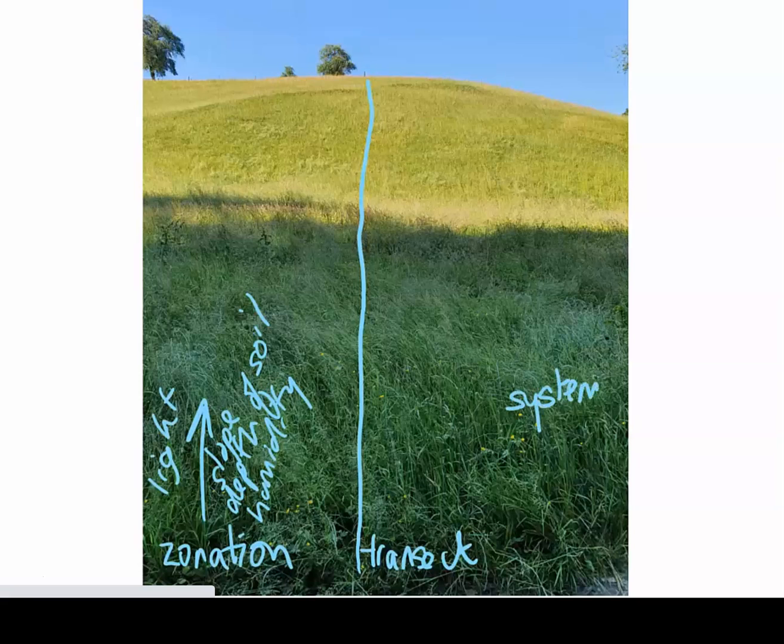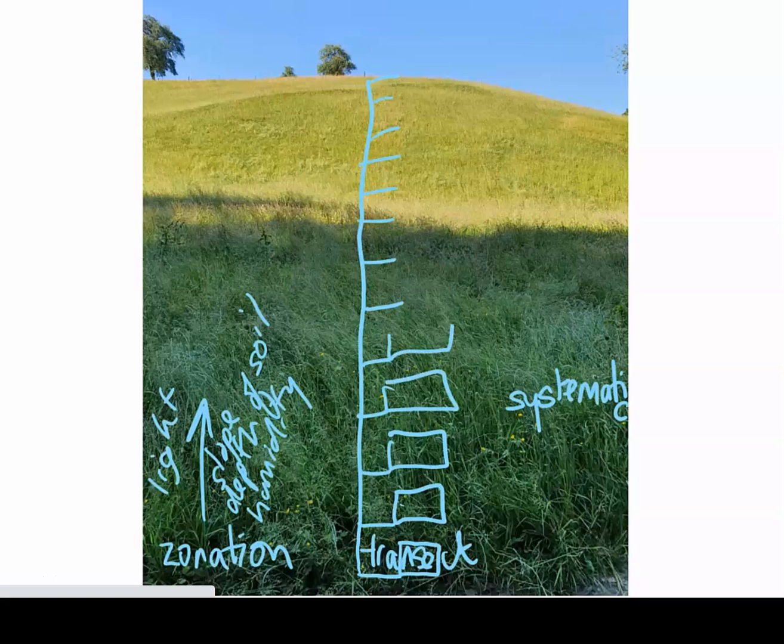And then what you'd do is you would systematically sample, so this is systematic. The other example that we used was random, but this one, you're going to sample every 2 meters. And you would obviously describe how often you were sampling. And at every 2 meters, you would lay down your quadrat and you would record in a standardized way what was present in that quadrat.